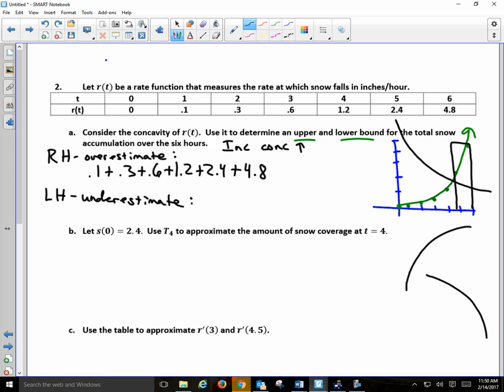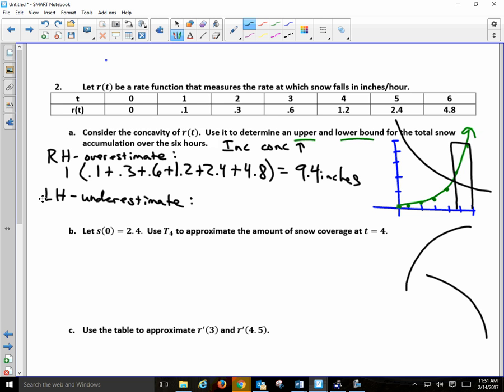So I got 1 and 1.2 makes 2.2, 7, 9.4. What is the width of each one? 1. Thank you, Kelsey. So we get 9.4 what? Yeah, you got some snow falling. We won't measure in centimeters.